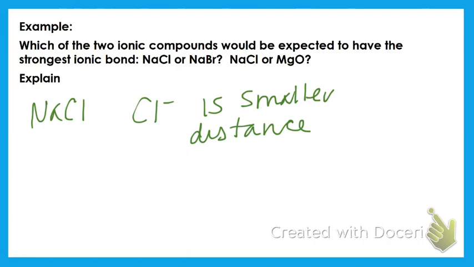And then between the second two, which would be the higher or stronger bond, NaCl or MgO? MgO. And why? Say what?